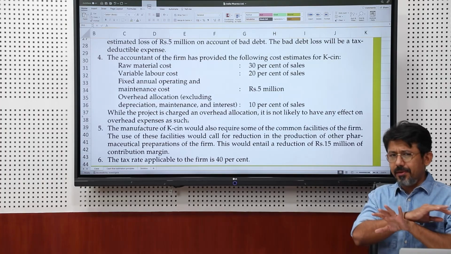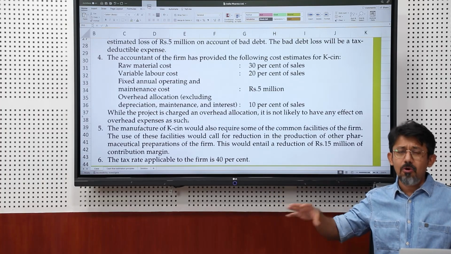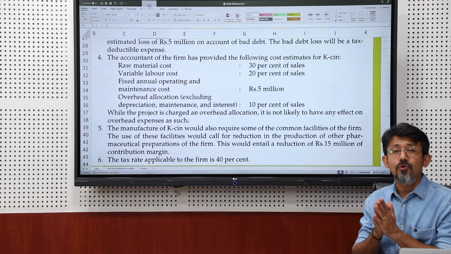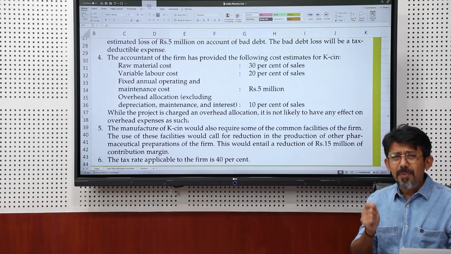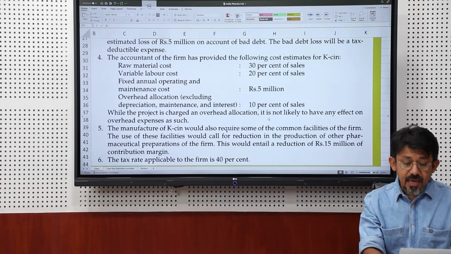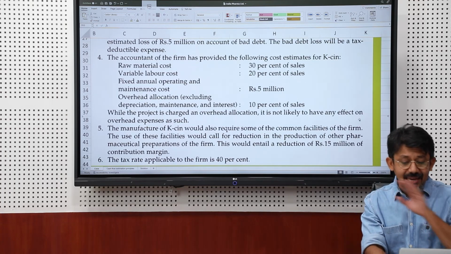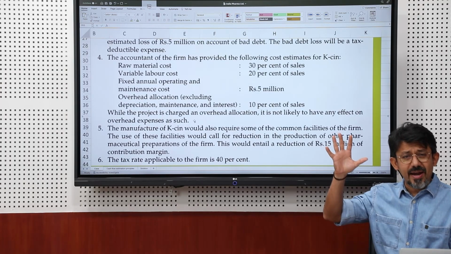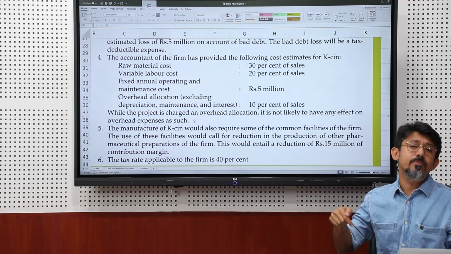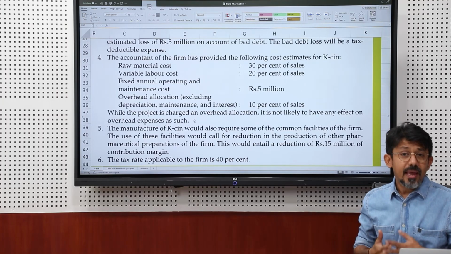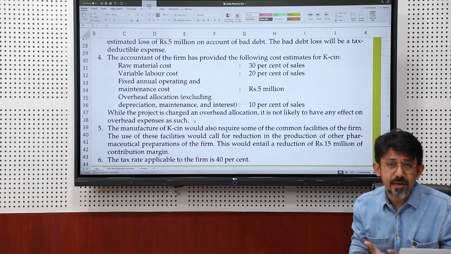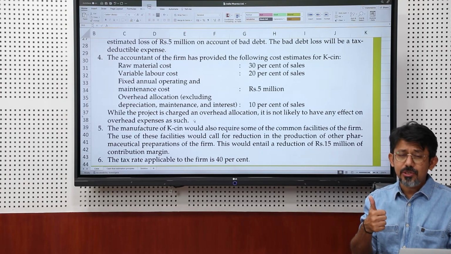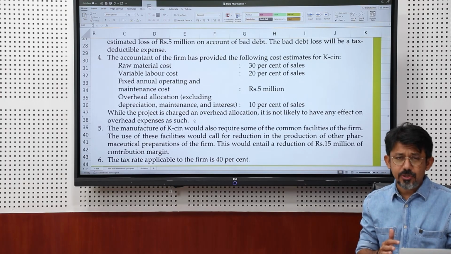So, allocate it across 17 products now rather than 16 products. But as a result of launching this product, you do not pay a penny more. See, it says it is not likely to have any effect on overhead expenses as such. So, what you were paying as rent earlier on continues to be the rent right now, and hence it is not an incremental expense. I would ignore overhead allocation in my cash flow calculation.